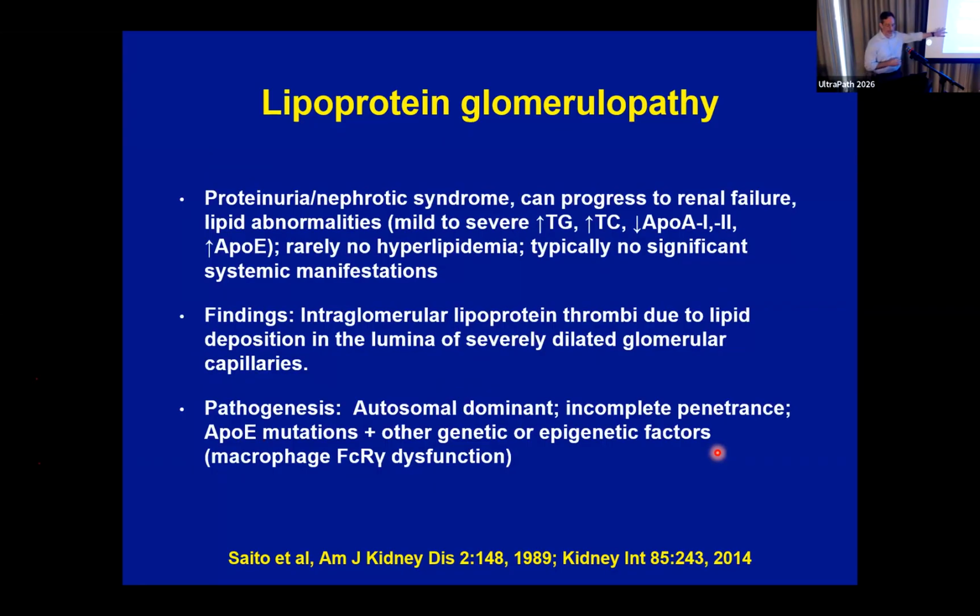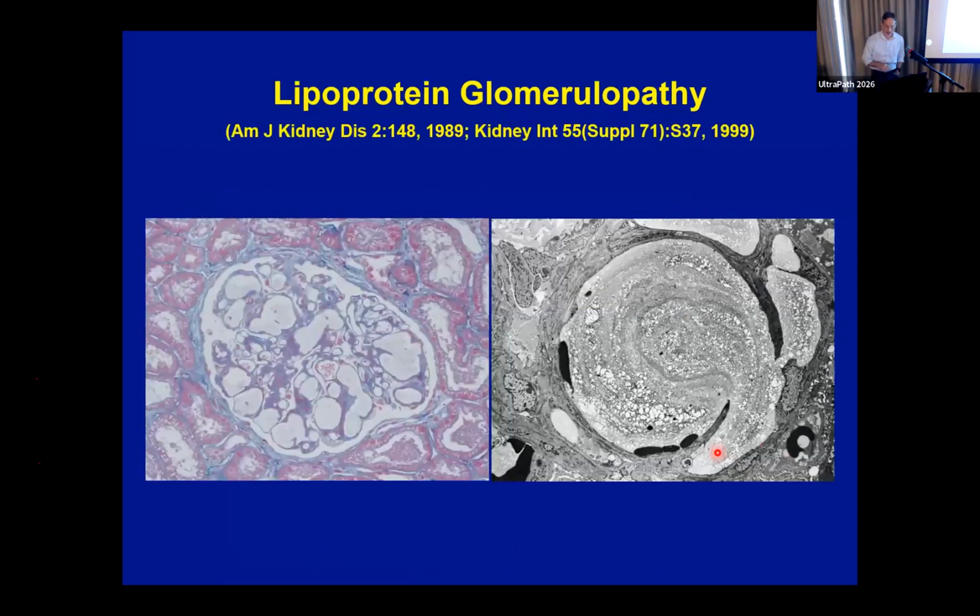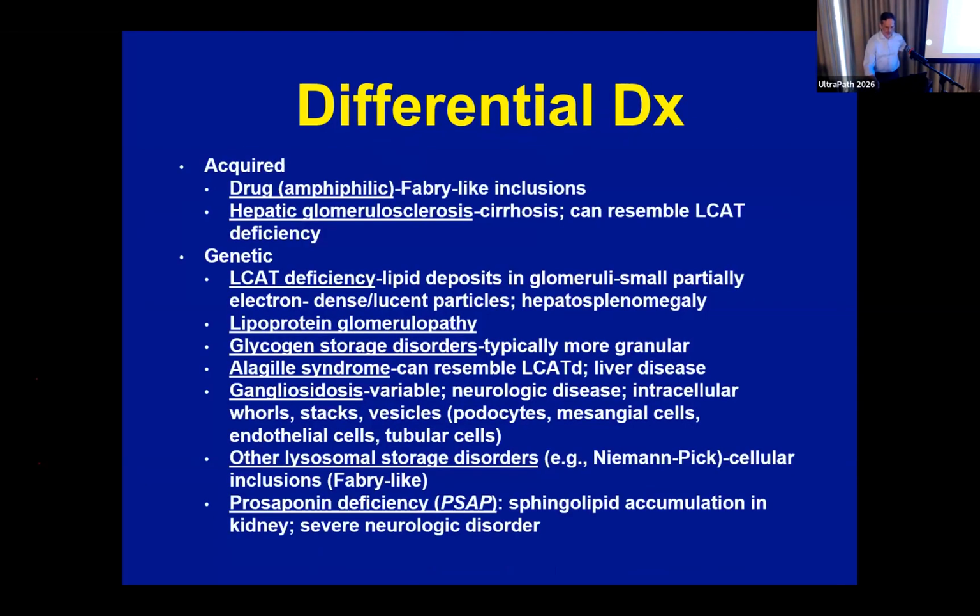The pathogenesis is related to ApoE mutations, although there are some other genetic modifiers that are required. I took this from the paper by Dr. Saito, who first described this in Japan. This doesn't really look like our case, these large lipoprotein thrombi.